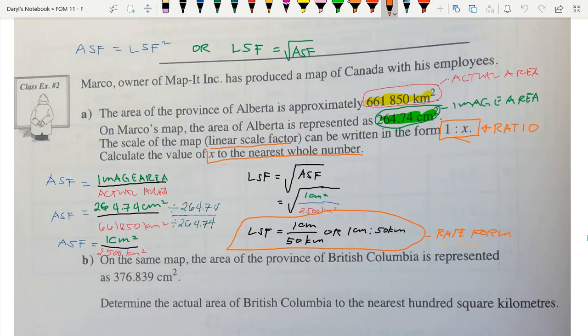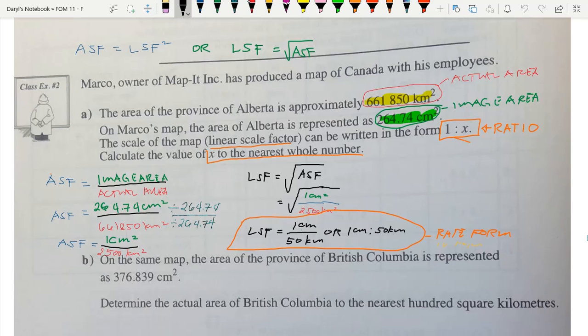How would I actually get the value of the ratio form? Well, if you have noticed, we can get the ratio form if we have both units in the numerator and the denominator that are equivalent. So therefore, we want to convert our cm to kilometer, or our kilometer to centimeters.